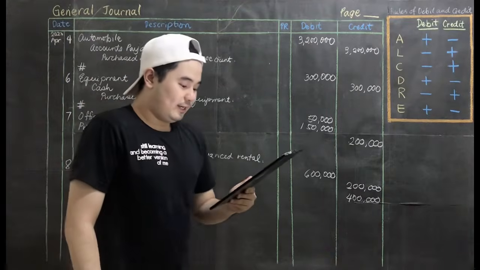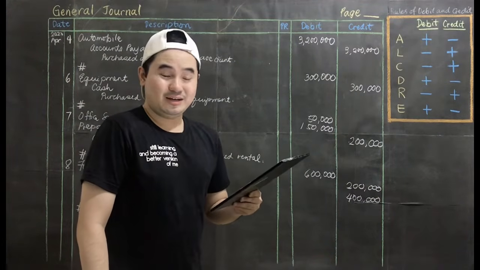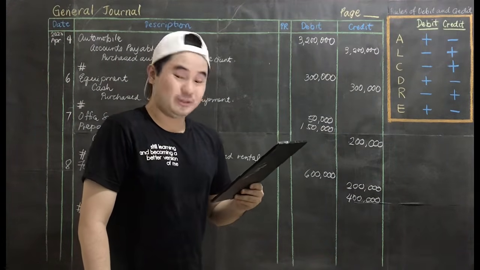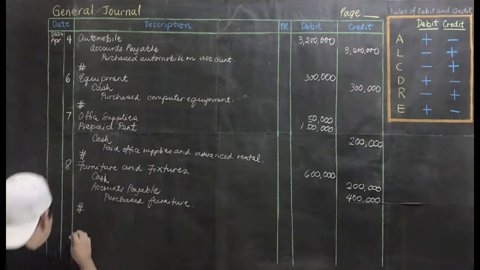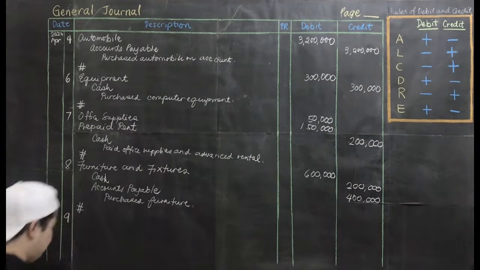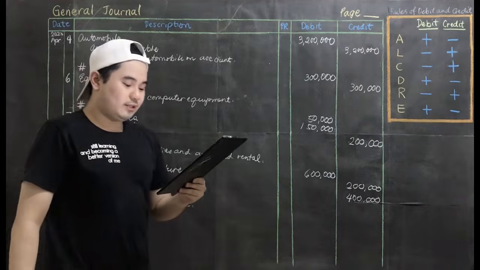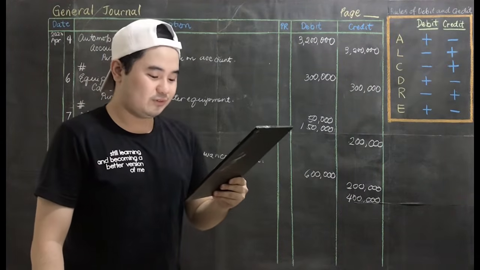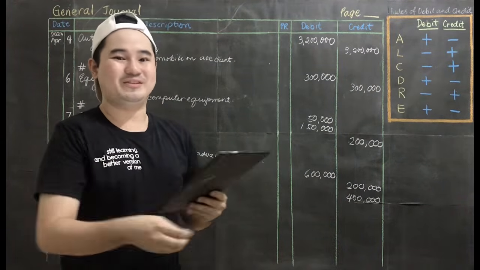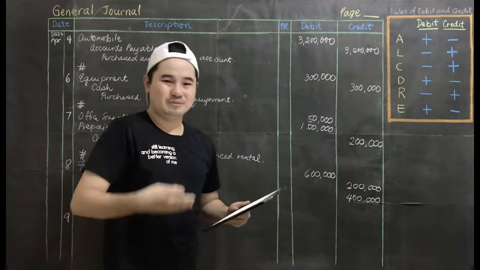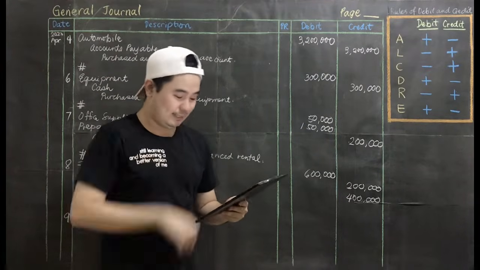Okay? And then, meron tayong transaction number 7, which happened on April 9. Started operations through rendering travel services, tapos cash payment. O yan, di ba? Nag-umpisa na tayong magbigay ng services sa kliyente.